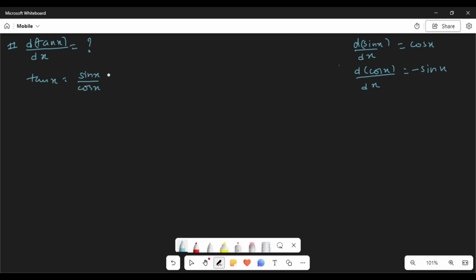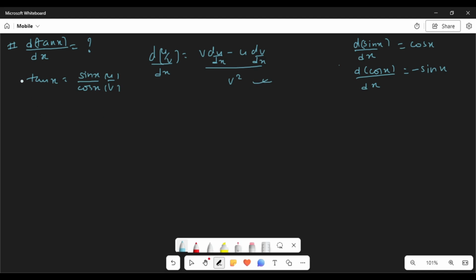So we'll use the quotient rule, d(u by v) is given by (v du minus u dv) divided by v square, with respect to x it will be v du by dx minus u dv by dx.